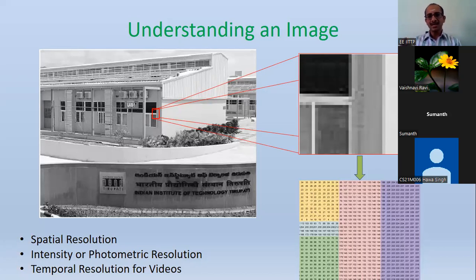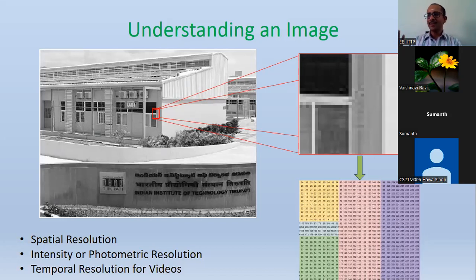So each sensor element value, which looks at the real scene, is represented in a 10-bit representation. With 10 bits, I can discriminate the intensity variations much more evidently than with an 8-bit representation. This is referred to as intensity or photometric resolution.